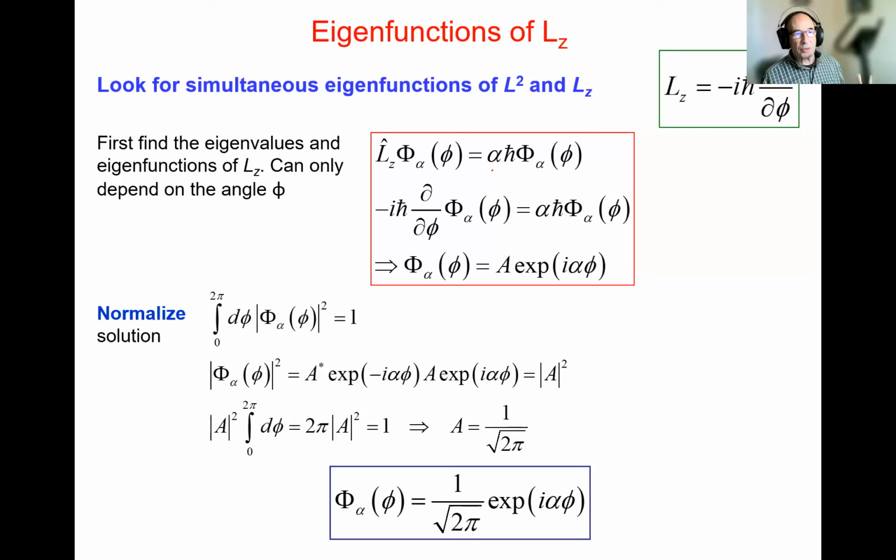This is what we postulated initially in postulate number 3: if we want to know something about this LZ, we need to solve an equation of this type. We need to act with the operator on the wave function, which represents the behavior of our system in this phi geometry, and we will have some number here, which should be real, because the operator is Hermitian.